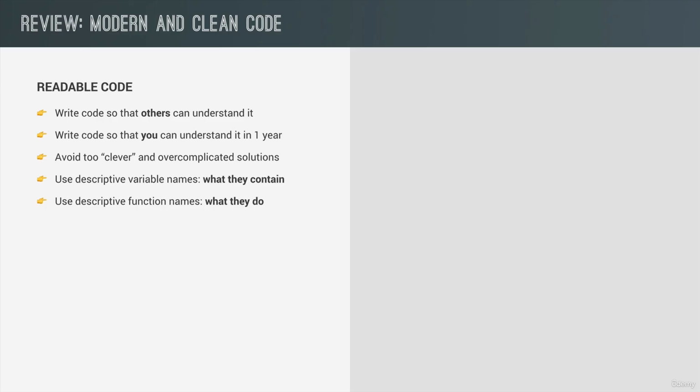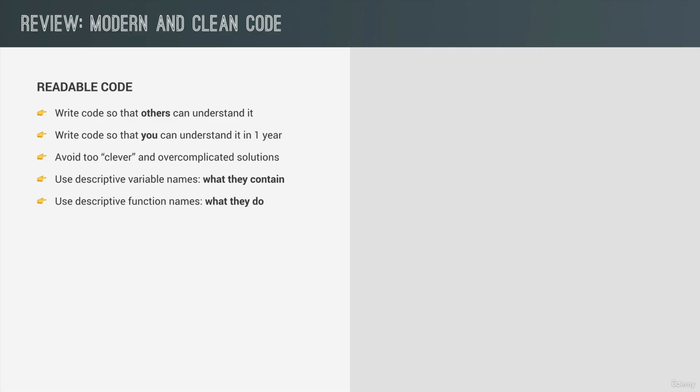And so in many situations, it's best to simply write the most straightforward solutions. Another thing that's very important for readable code is to give functions and variables very descriptive names. So for variables, you should name them according to what they contain, and for functions, you should name them according to what they do. And so by doing this, you will make it really clear and obvious to everyone what each variable is and what each function does.